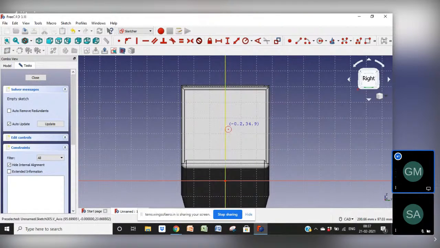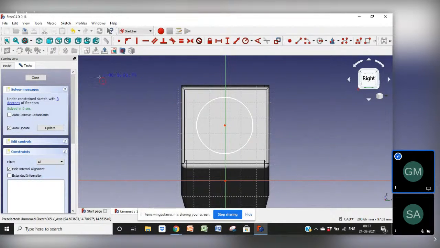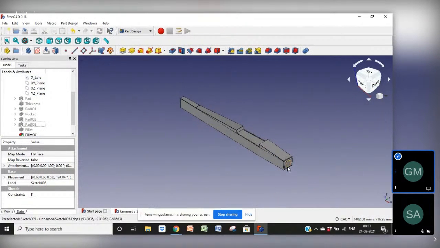Taking circle. Here is the center. Approximate center would be here. Motor like something somewhat here. Okay, close. Now this and pad it.